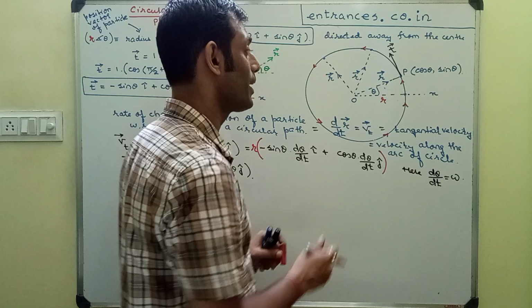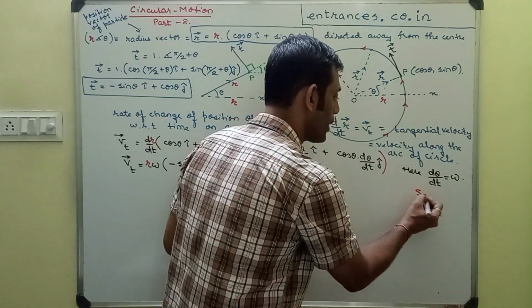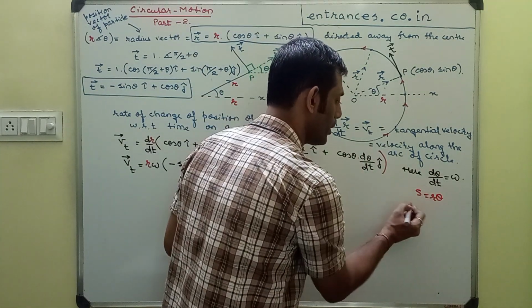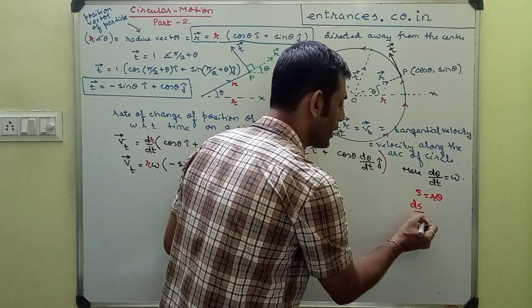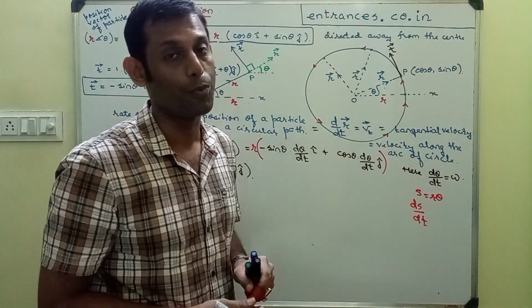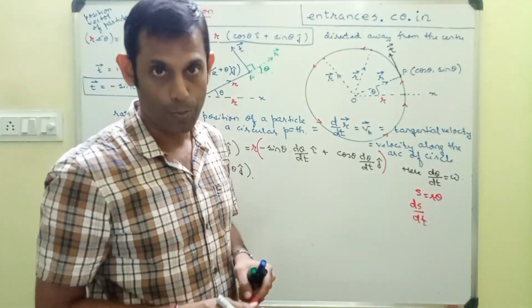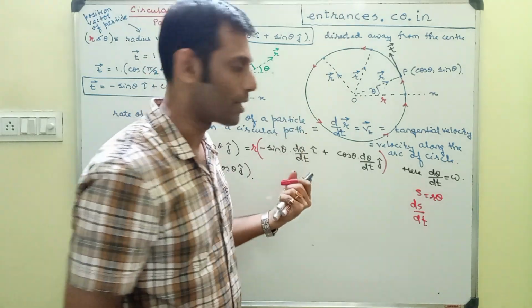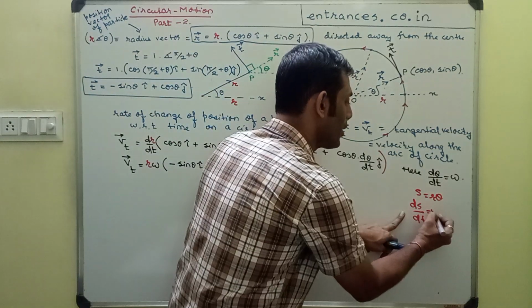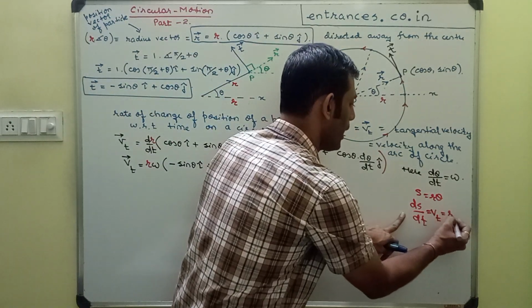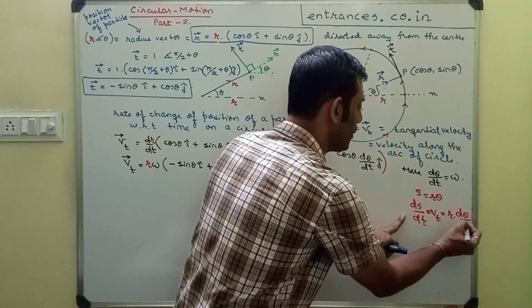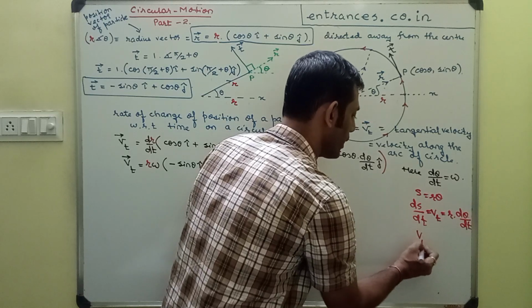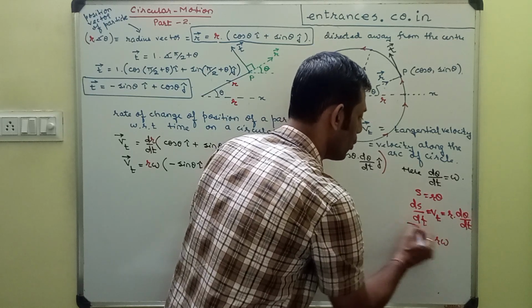We had seen that s is equal to r theta. We also saw that ds by dt, that is the rate of change of the position of the particle with respect to time along the arc of a circle, should be the tangential velocity, and that should be r into d theta by dt, and therefore vt should be equal to r into omega.